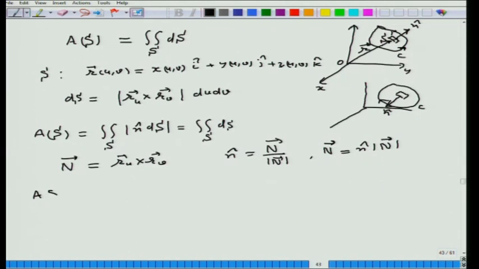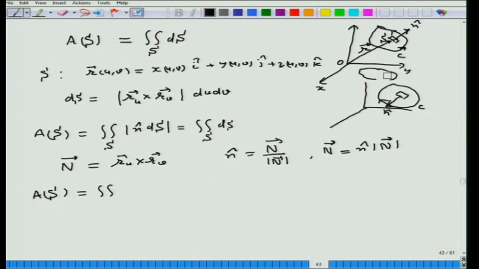the surface area A(S) will be given in the projected one. Let us say this R is the projection of this on the uv plane, rather here we are taking xy.